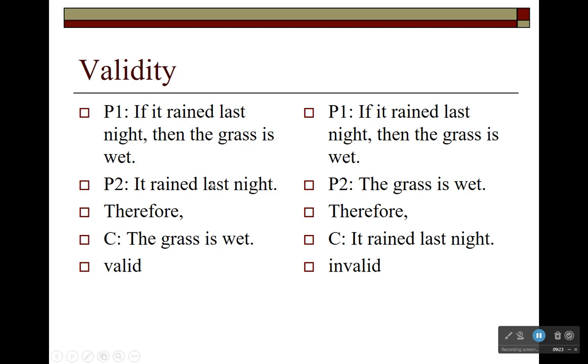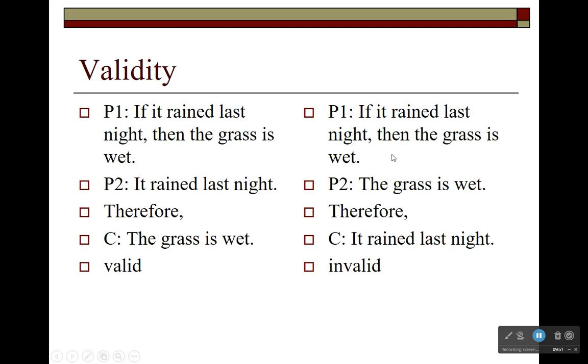If these premises are true, is this conclusion necessarily true? And the answer is yes. If premises 1 and 2 are true, this conclusion is necessarily true. Or to say the same thing a different way, it is not possible for these premises to be true and this conclusion turn out false. That's what we mean in saying that a deductive argument is valid.